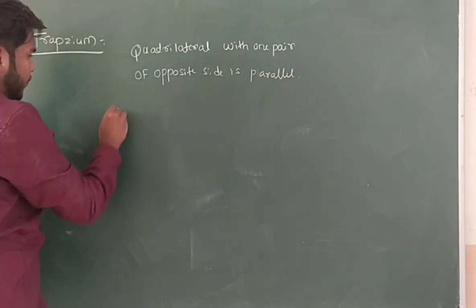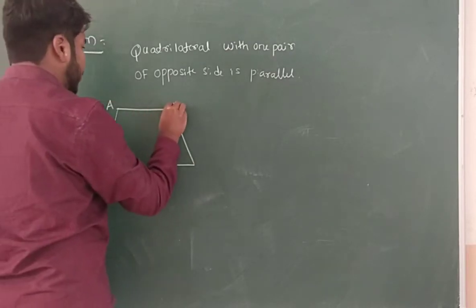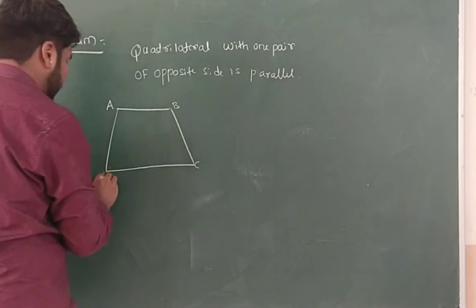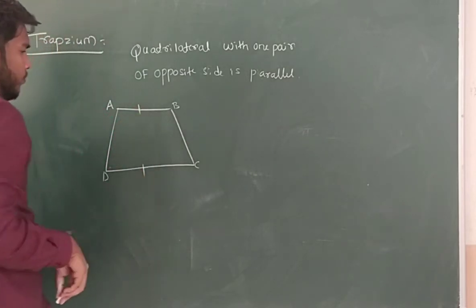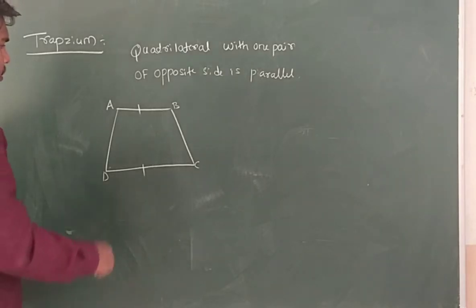So this is a trapezium. Okay, so you can write this A, B, C and D. A quadrilateral with one pair of opposite sides equal or parallel is said to be a trapezium.